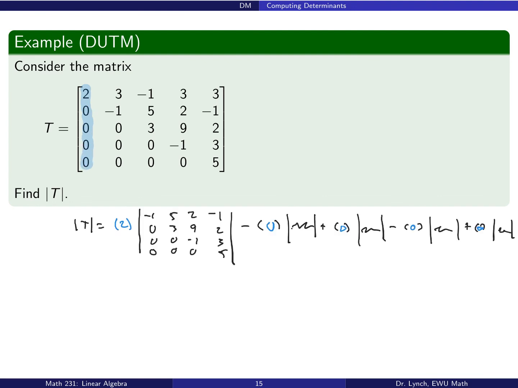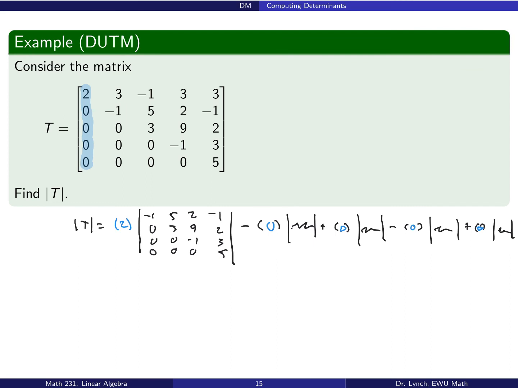In expanding along this first column, we see that the determinant of T can be written as 2 times the determinant of a 4x4 submatrix, plus a bunch of zeros times some other determinants that end up not mattering because we're multiplying those by 0 anyway.